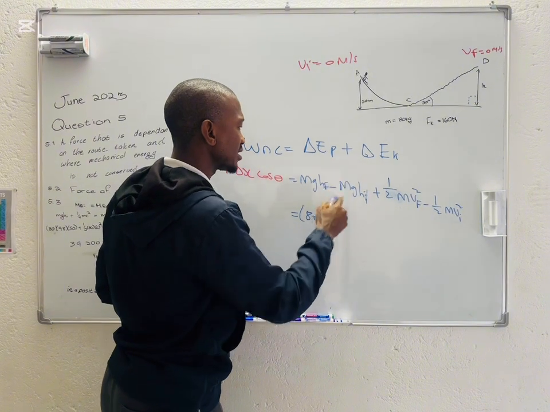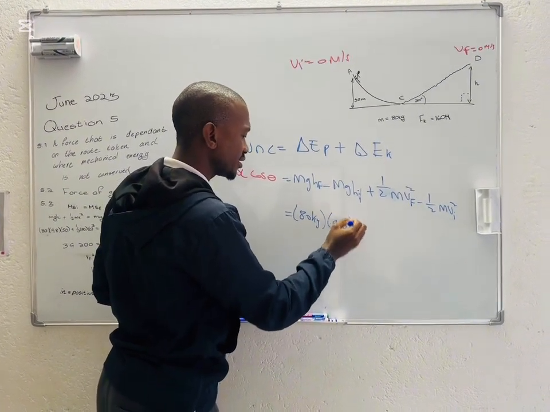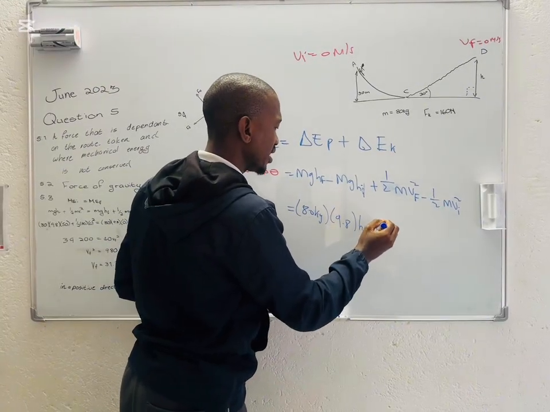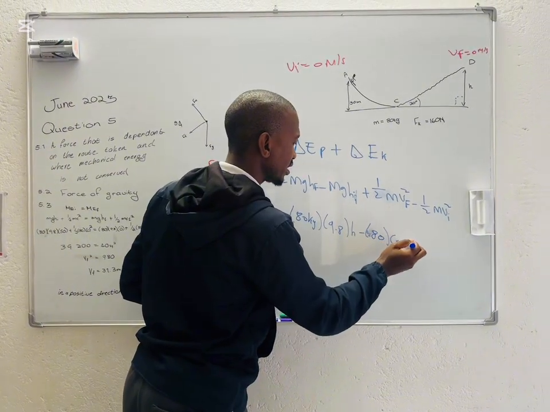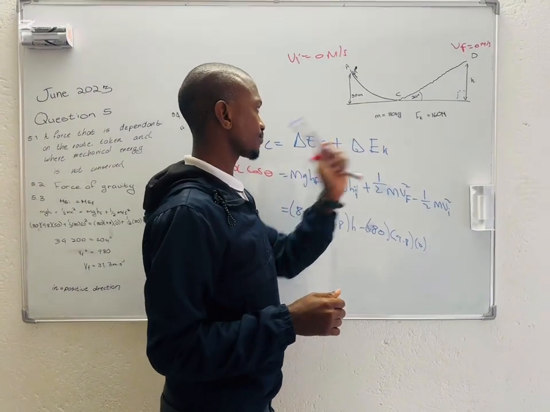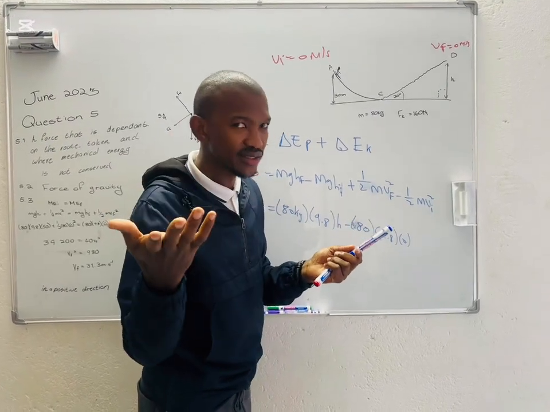I have my final height, which is what I'm basically looking for. 9.8 is the constant. I'm having the h, and then minus the mass, 80, and then the 9.8, times 0. The reason it's 0 initially is that when he was here, there was no height.